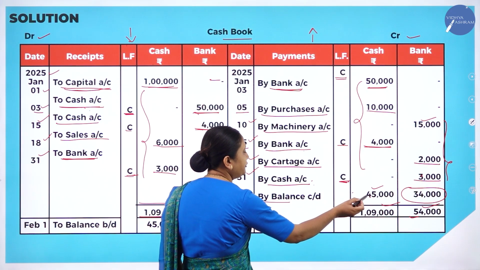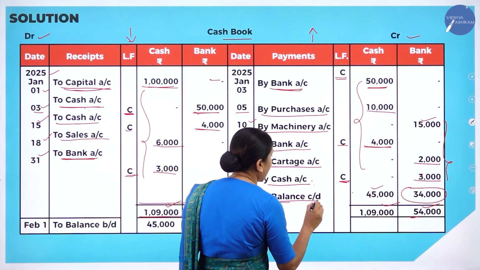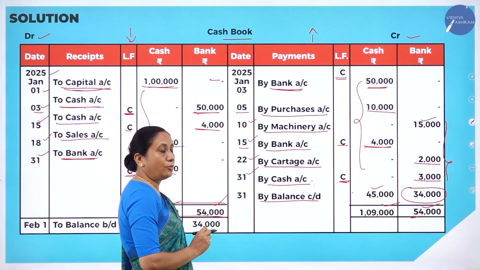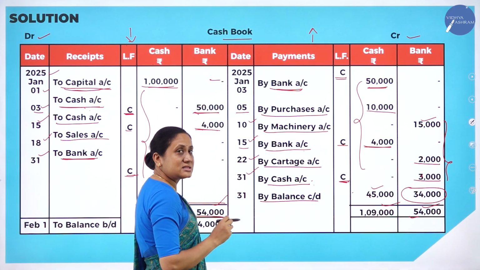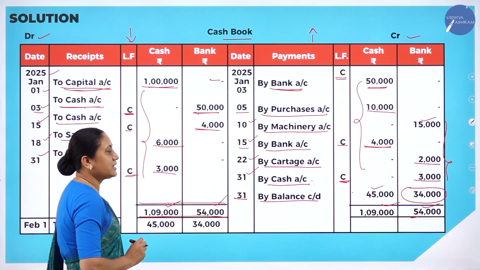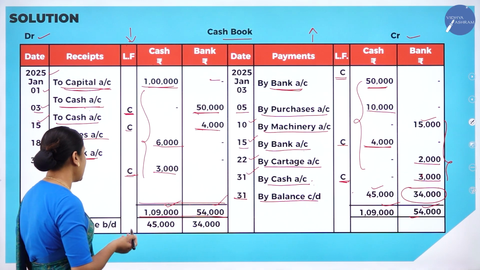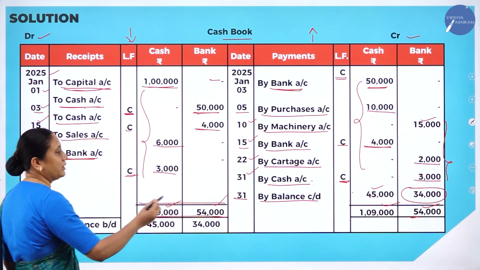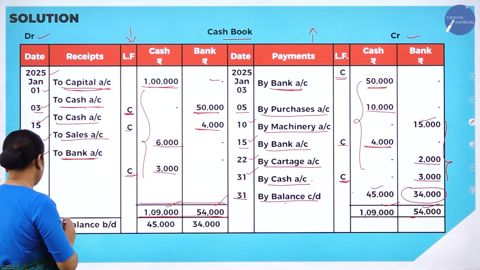For this difference amount that we have written, we will write it as by balance carried down. What date will we write? Month end, last day of January, that is on 31st. Whatever is carried down at the month end is brought down for the next month.